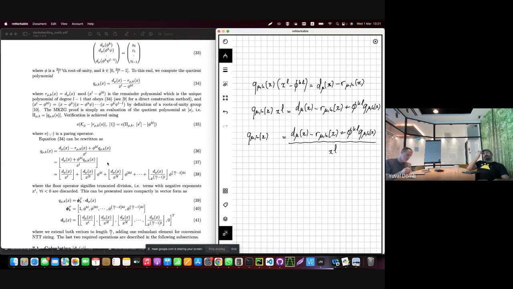So now I've defined it as a recursion. Moving from this to 36 is easy because that's just the floor operation, since I just get rid of this remainder.